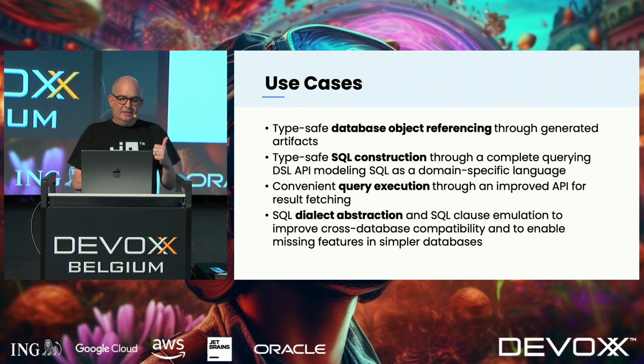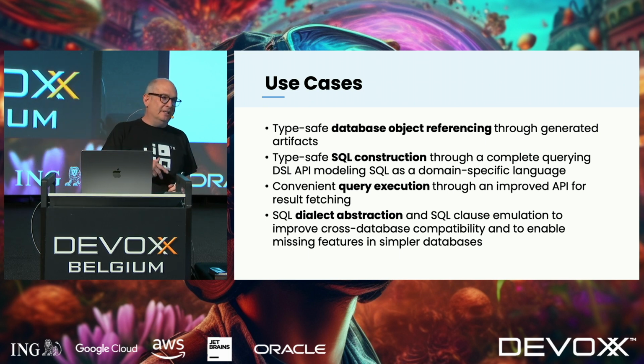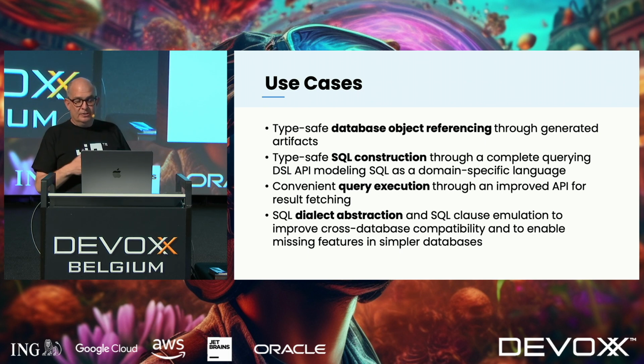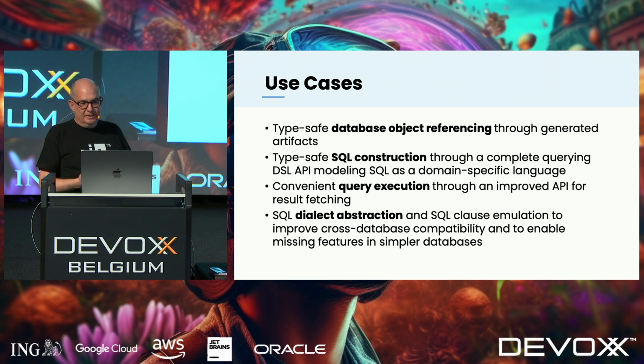Database object referencing not only means doing selects from tables, but there are a lot of other objects in the database. You can have functions, stored procedures, user-defined types, and so on. And all of these objects you can access through jOOQ. That's usually not easy to do.